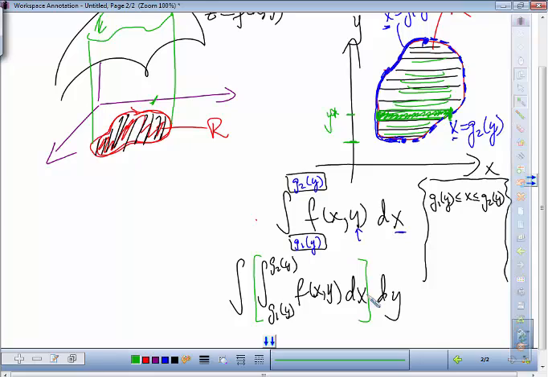What should the y limits be? The bottom to the top. The bottom function to the top function, or the bottom number to the top number? The bottom number, we'll call this y1. No, y sounds too much like a variable. Let's just call it a and b. No, let's call it c and d. We can't call it e because e is a number, and f is a function.